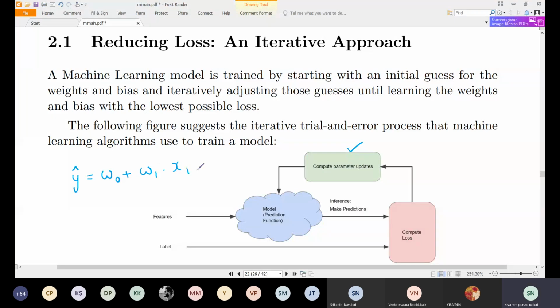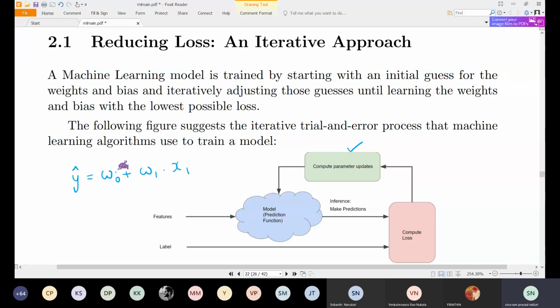This is the equation of a simple linear regression. Okay, y cap is predicted value, w naught is the weight of x naught and w1 is weight of x1.